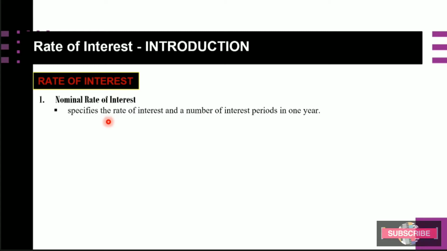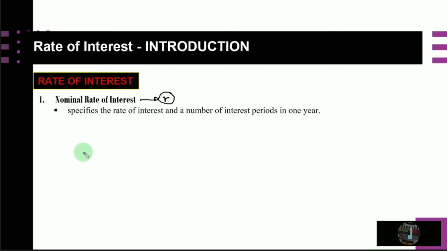So basically, our nominal rate of interest refers to our variable R. In our topic of compound interest, if you encounter a problem that is compounded monthly, yearly, semi-annually, and so on and so forth, that means your nominal rate of interest is denoted by this R.